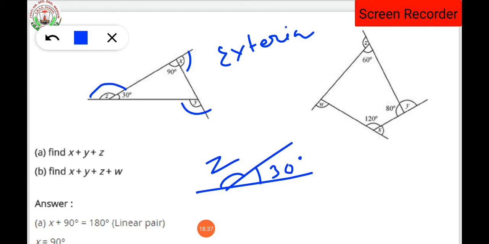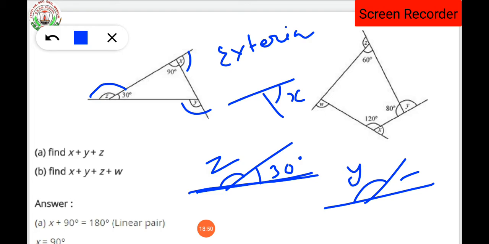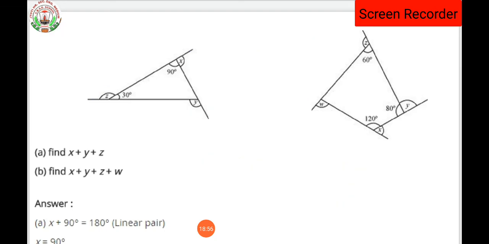So can you see a linear pair axiom is being made here? In the same way for y, and for x, x is there and the interior angle is 90. So what is the linear pair axiom? The sum of the two angles is equal to 180 degrees, isn't it? So using the linear pair axiom, we are going to find the angles.